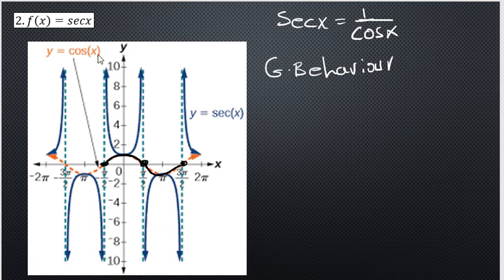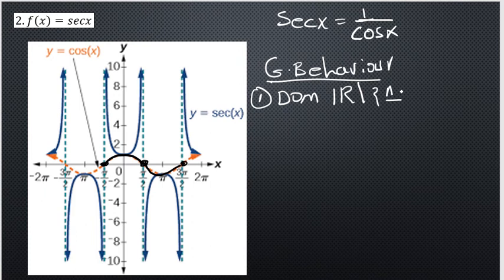So, the general behavior, let us start to mention those general behaviors. First, domain. The domain is again the real numbers, but without what? Without those zero points. What are they? We can say it is n over 2 pi, where n is an element of the odd integers: 1 over 2 pi, 3 over 2 pi, 5 over 2 pi, everywhere, and to the left also, negative 1 over 2 pi.